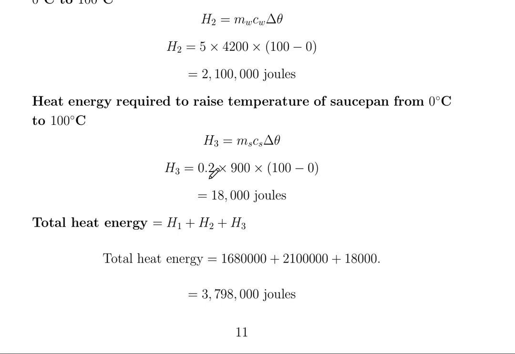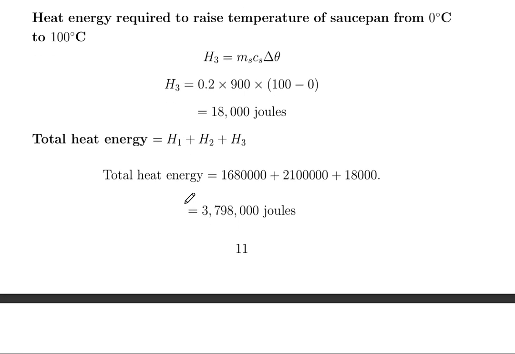The mass of the saucepan was given to us as 0.2 kilograms, and its specific heat capacity was 900 joules per kilogram per Kelvin. So doing all the computations there, this leaves us with a value of 18,000 joules of heat energy that is required in order to raise the temperature of the 0.2 kilogram mass of a saucepan from 0 to 100 degrees Celsius.